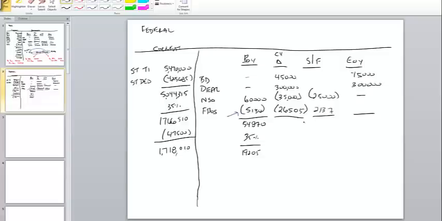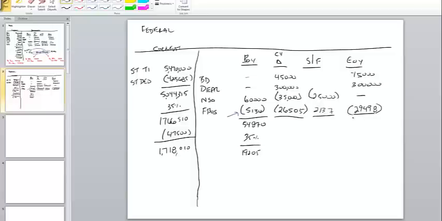Okay. So let's do some math here. If I take the Fed effective state and foot that across, that should get me to 29,498, which is exactly what we had in the state ending deferred.